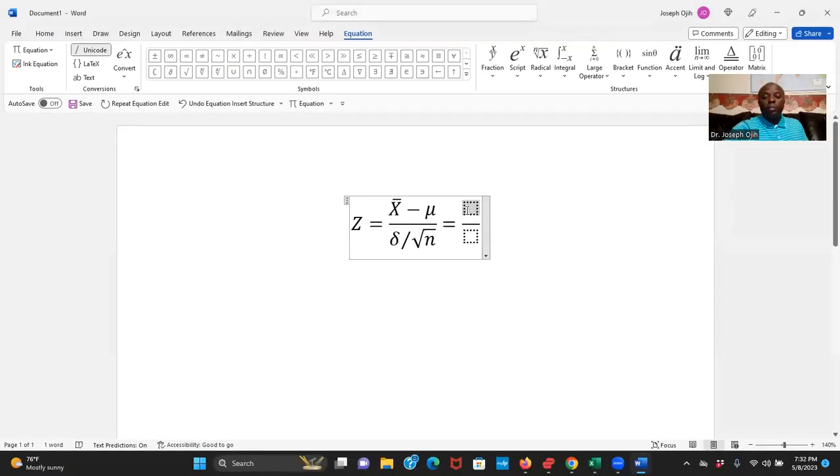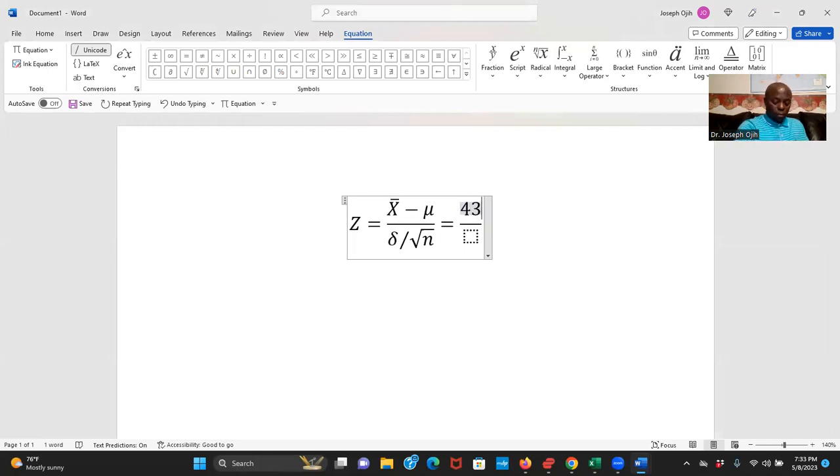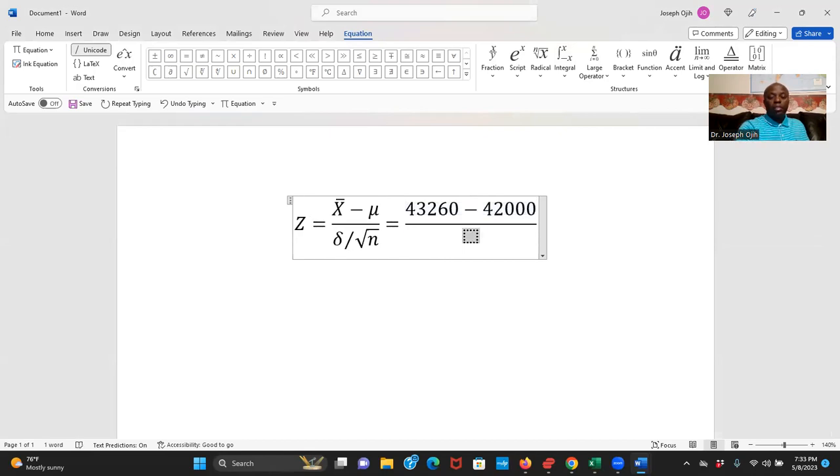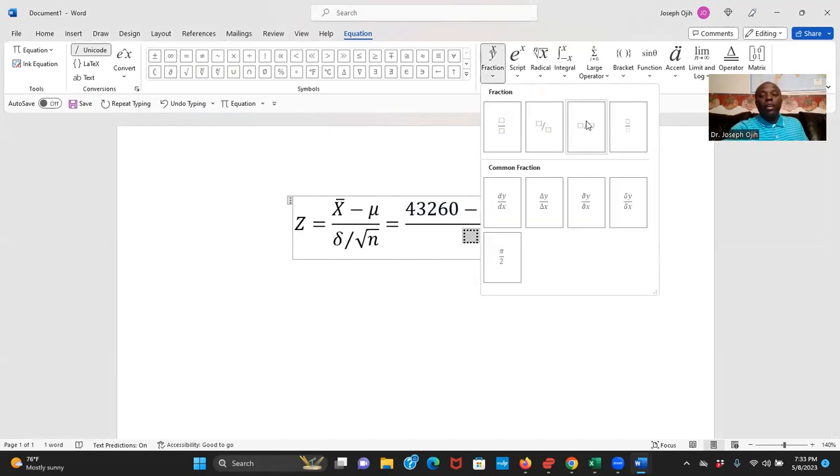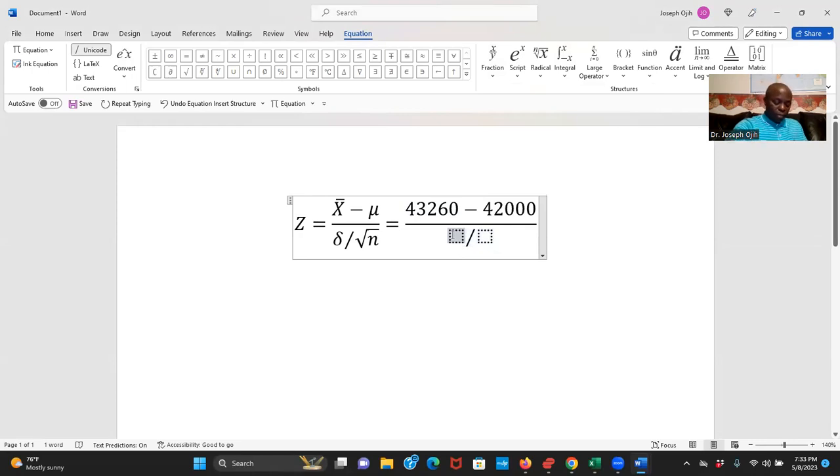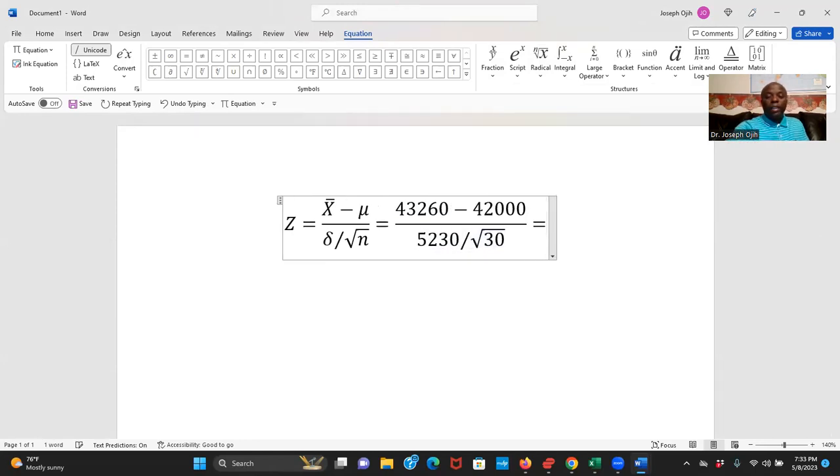Sample mean is 43,260, minus population mean of 42,000, divided by standard deviation of 5,230 over square root of n. Our n is 30. So we can plug this into a calculator and get our answer. Then we can transfer it to the other side. Okay, so let's get it on the calculator.